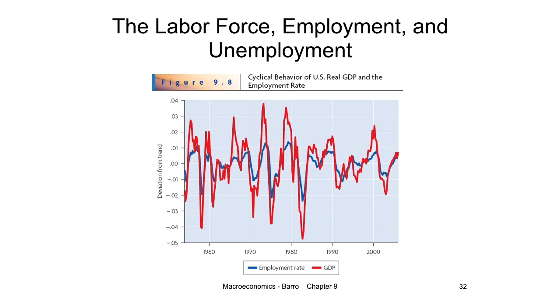Based on our theory, when the economy is booming so that GDP is going up, the job finding rate will be higher. That's why we see that the employment rate will also go up, which implies that the employment rate is procyclical. Of course, this means that the unemployment rate is countercyclical.